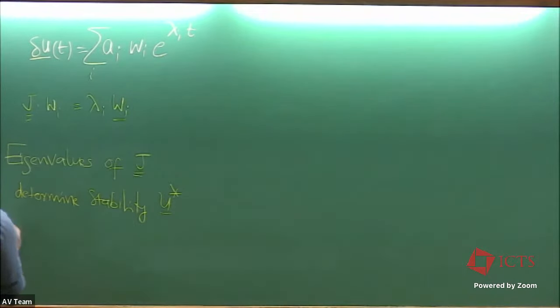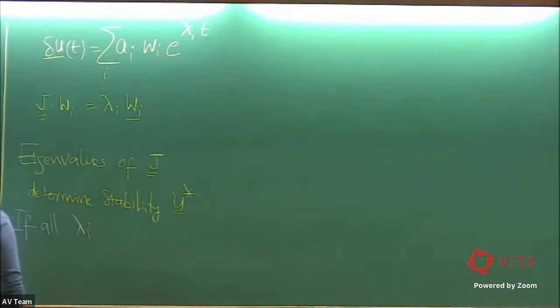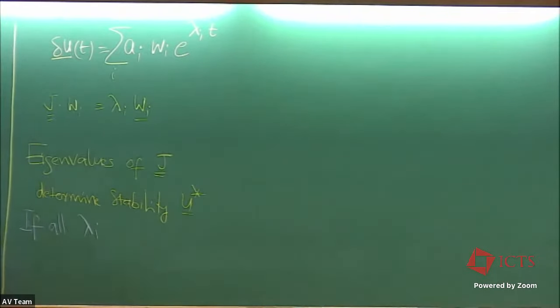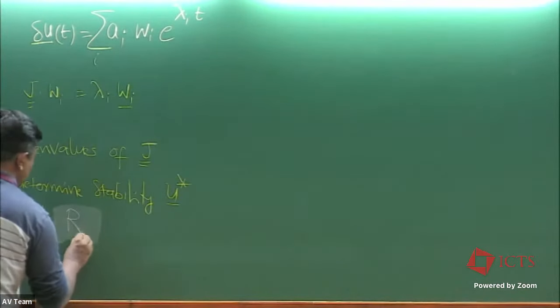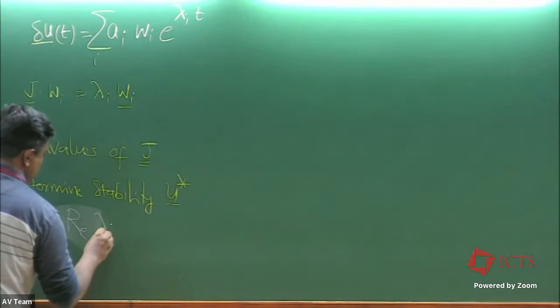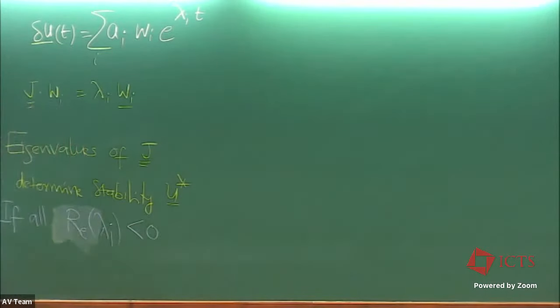If all lambda_i, or in general, the real part of lambda_i, is less than 0 for all i, then the system is stable.